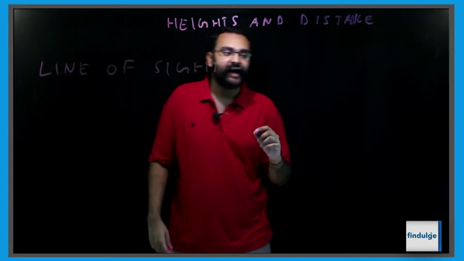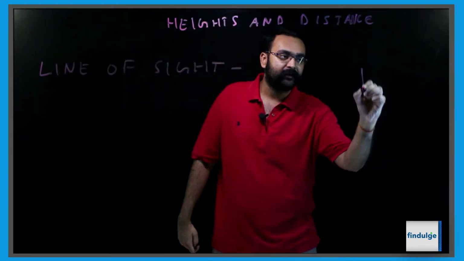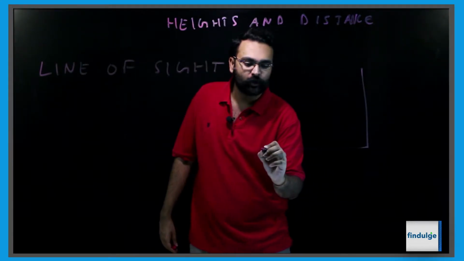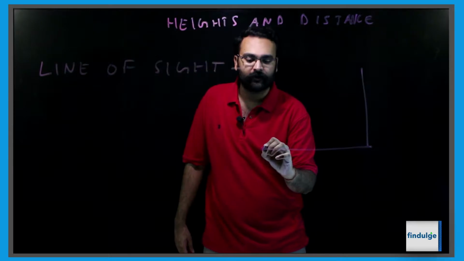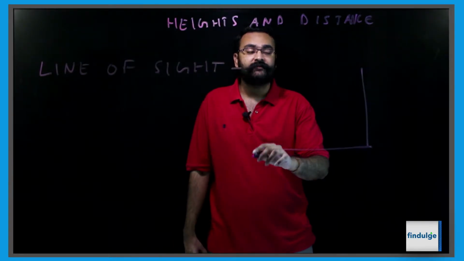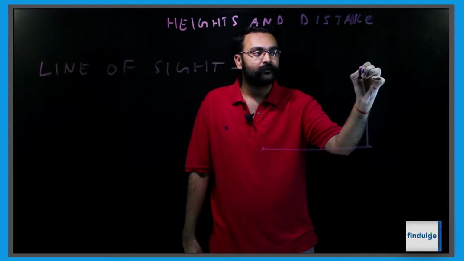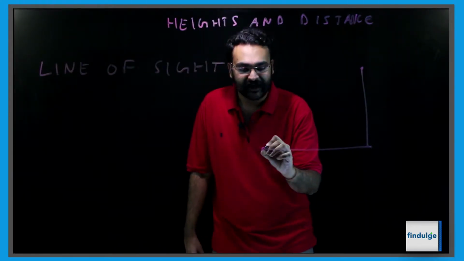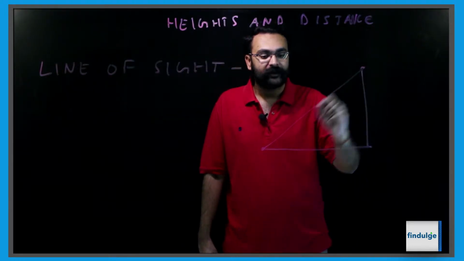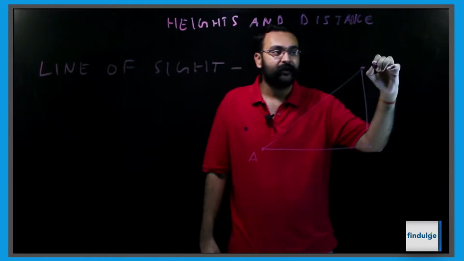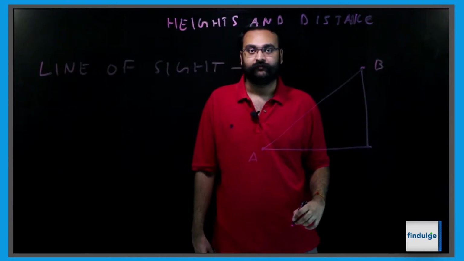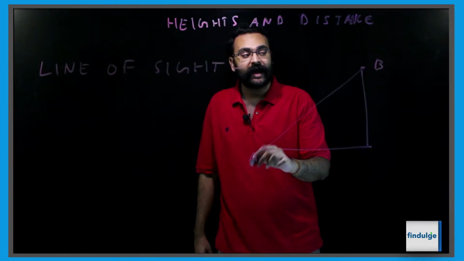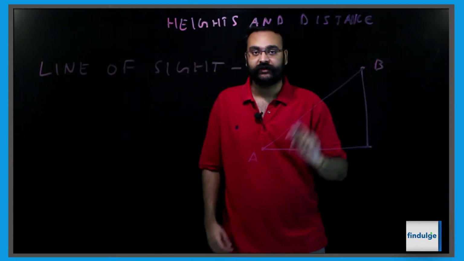Meaning, if there is a building and I am observing the top of the building from a point on the ground over here, then the line of sight is the line AB, because it is the straight line between my observation point and the point that I am observing.